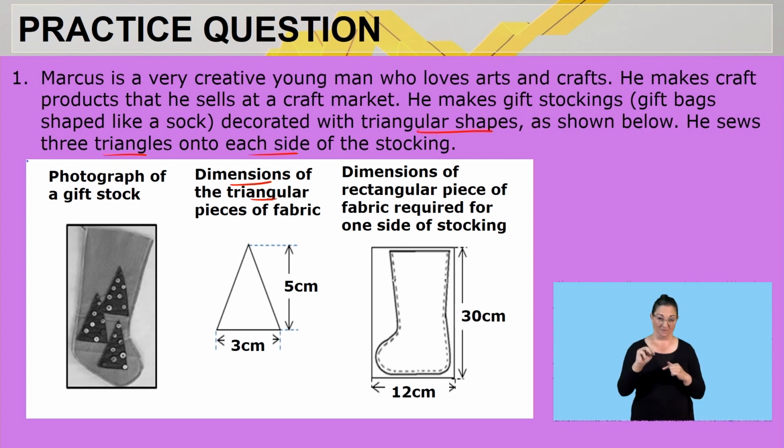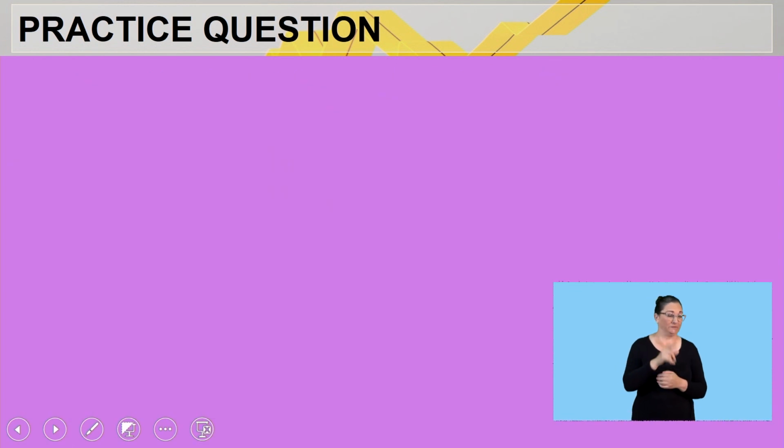Then we also have the dimensions of a rectangular piece of fabric required for one side of the stocking. And we see now the rectangular piece is 30 by 12 centimeters. Okay, so there we have all our information. Let's look at what we need to calculate.